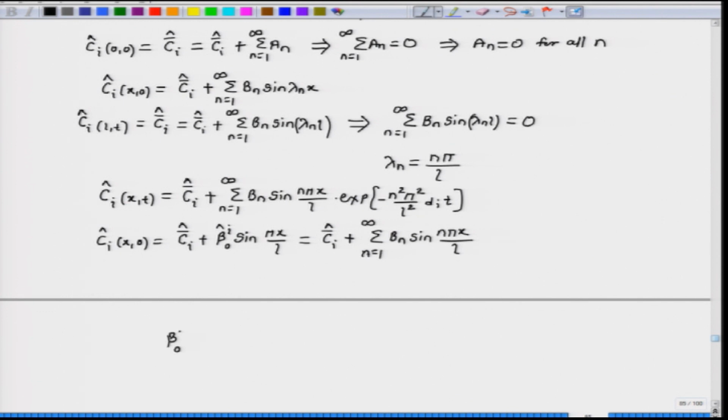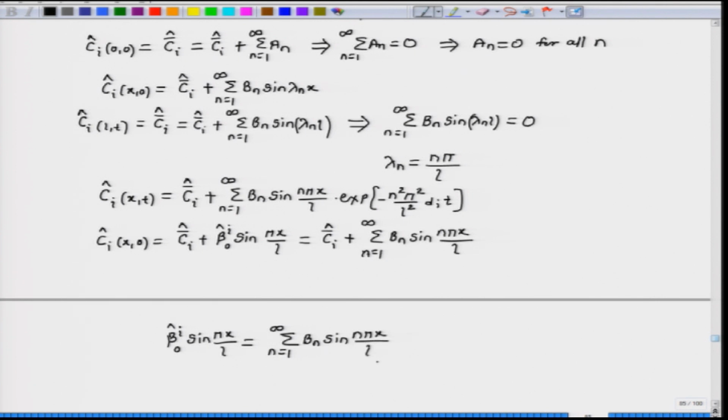So, I get β0 sin πx by L should be equal to the summation n equal to 1 to infinity of bn sin nπx by L.